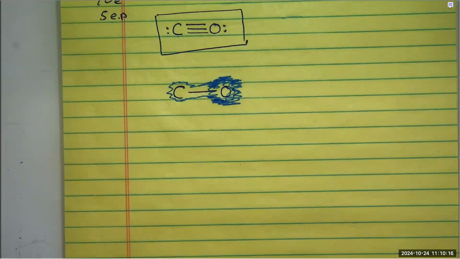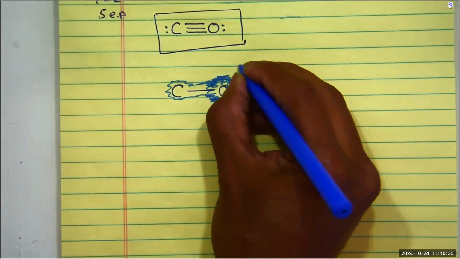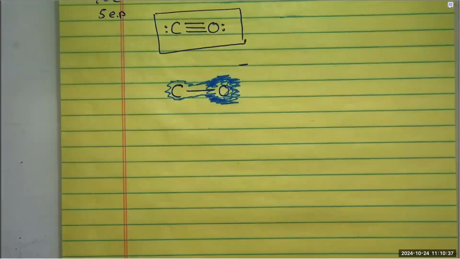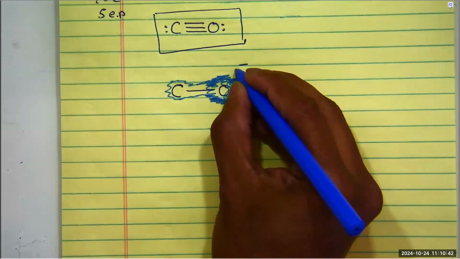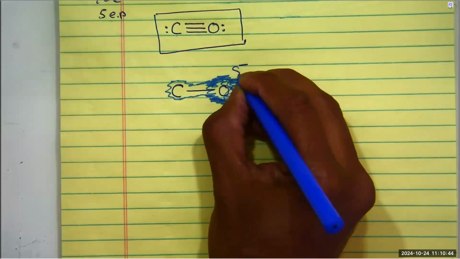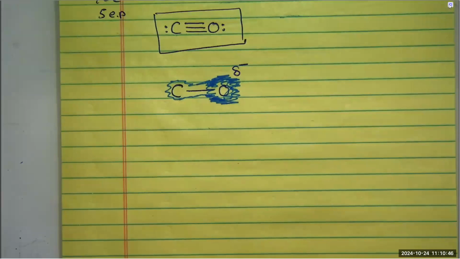If you have more electrons around oxygen, what will be the charge around oxygen atom? Thank you. Electrons are negative, therefore, around oxygen, you will have a higher negative charge. Okay? So we're going to indicate that by saying that we have a negative charge. That is actually a partial negative charge. Okay? And the partial charges are indicated by the lowercase Greek letter delta. Okay? Delta negative around oxygen.